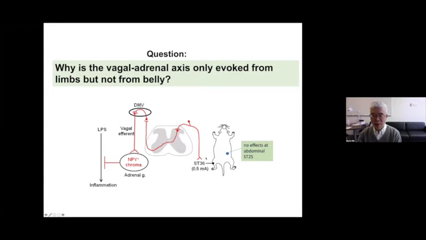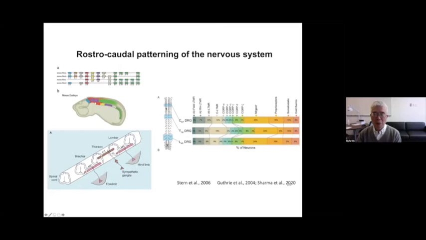hindlimb region. That goes back to 2014-15, when I was discussing this with Professor Bing Zhu. So then what about the anatomy? My lab is actually a developmental biology lab, and we know the nervous system has a major anatomic organization, the rostral-caudal axis. From the forebrain down to the caudal spinal cord, there is rostral-caudal patterning. Some neurons, like motor neurons, are only in the limb region but not in the thoracic region.